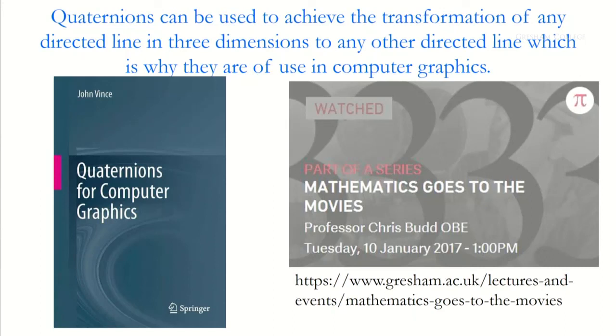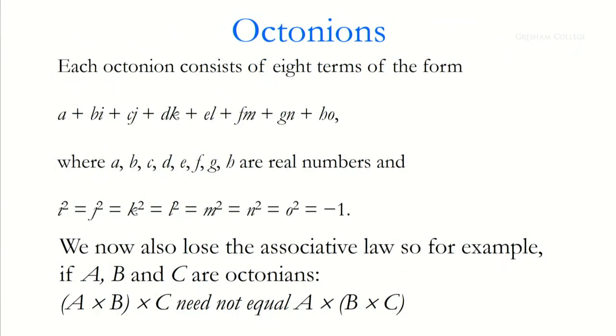an English mathematician. Each octonion consists of 8 terms, where A, B, C, D, E, F, G and H are real numbers, and then the i, j, k, l, m, n and o are octonion units, which satisfy simple relationships.